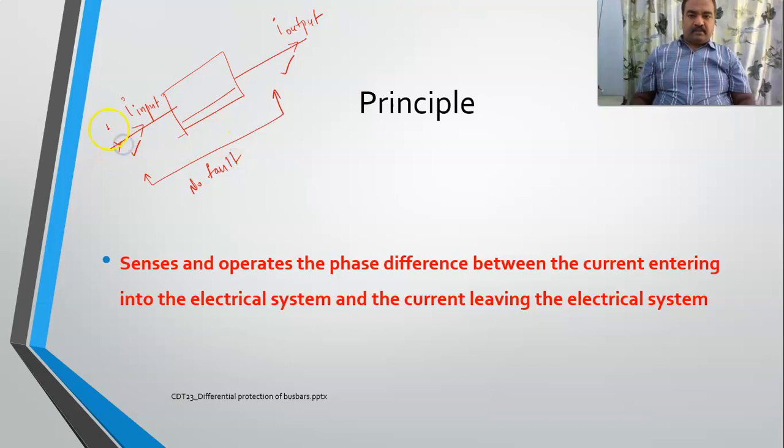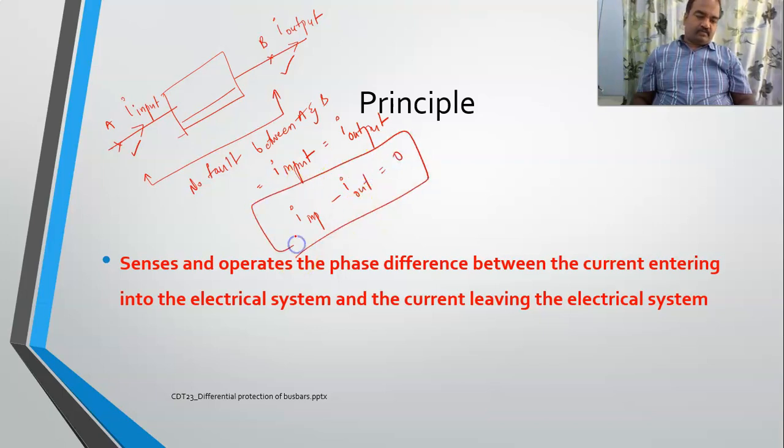It gives a signal to the circuit breaker. Ideally, if there is no fault, let us suppose this is point A and this is point B. If there is no fault between A and B, then I input is equal to I output, right? Which means that I input minus I output is equal to 0, or maybe some small value.